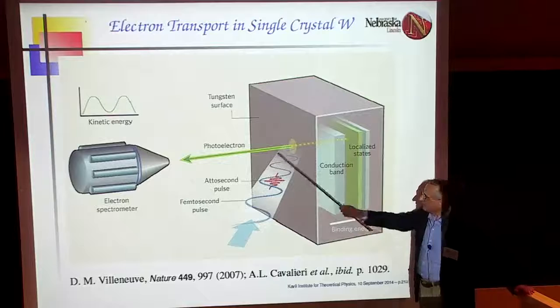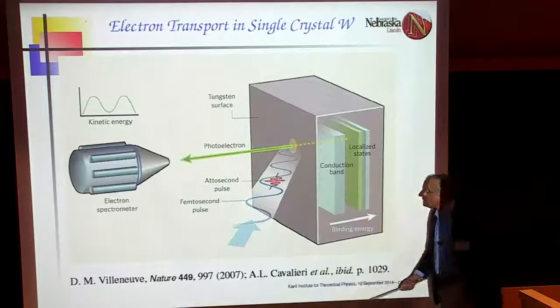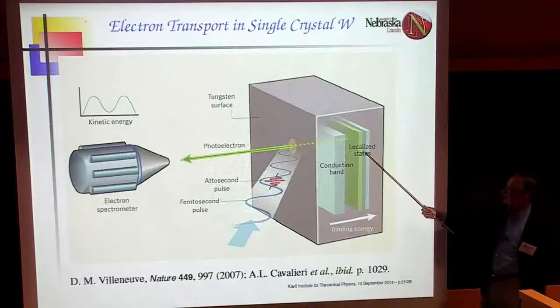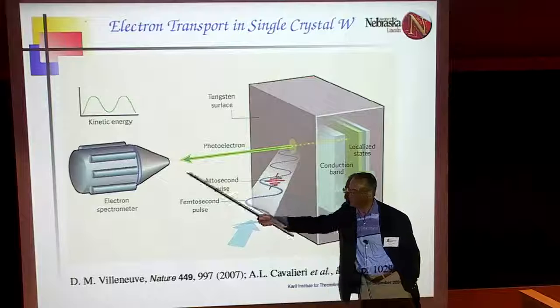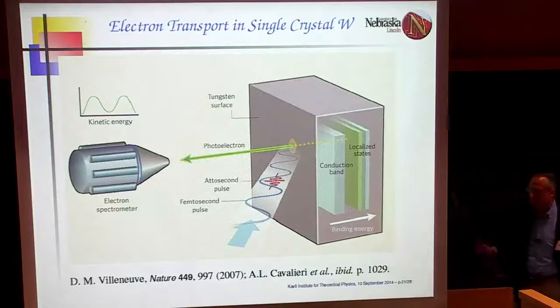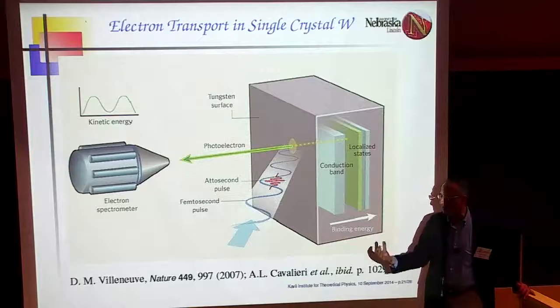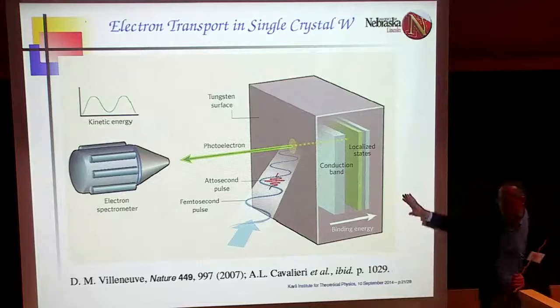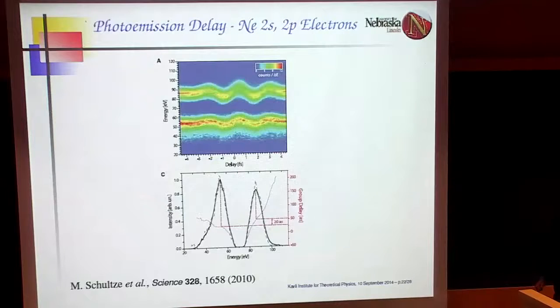What they found when they measured the electrons that come out is that electrons in the localized states appear in the detector 100 attoseconds after electrons from the conduction band. This is the first time the time scale of ionization has been seen. And this is a real experiment. This is one of the achievements of attosecond physics.